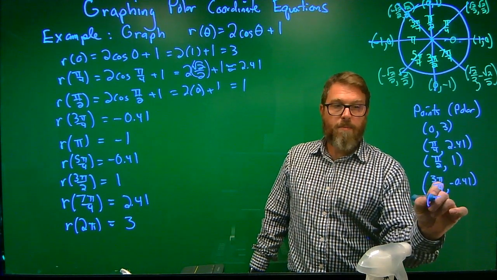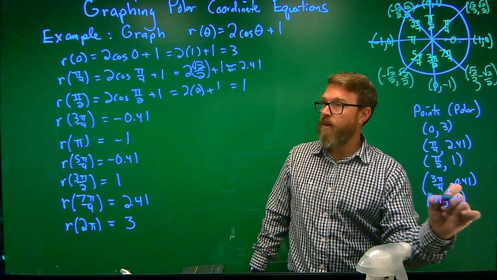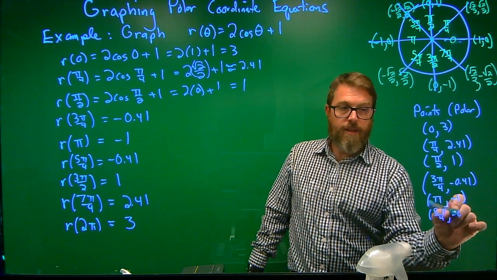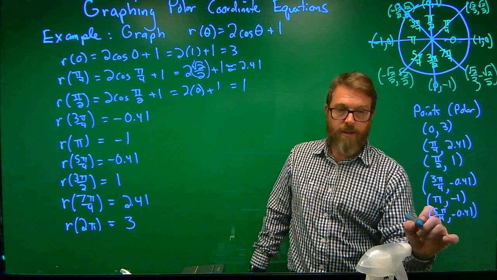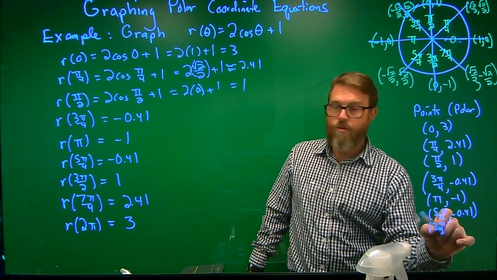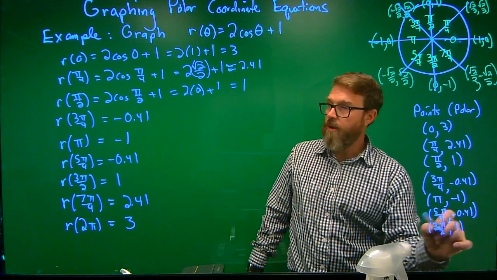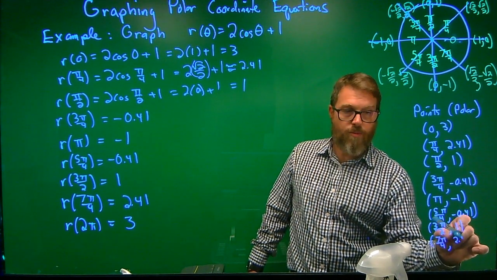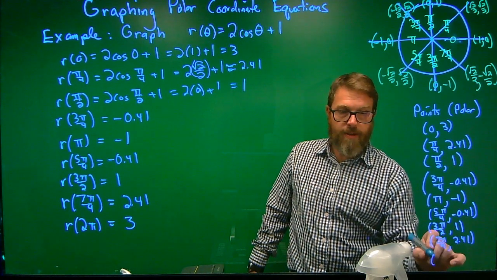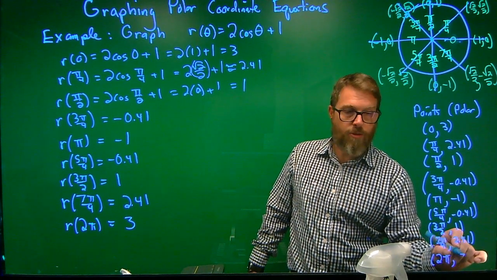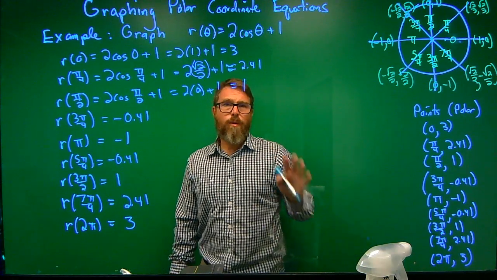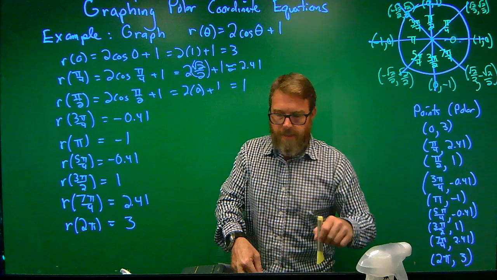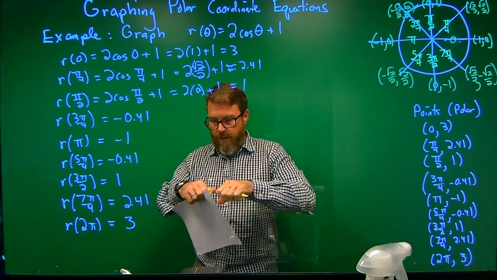We have pi, comma, negative 1. 5 pi over 4, comma, negative 0.41. 3 pi over 2, comma, 1. 7 pi over 4, comma, 2.41, and then finally we have 2 pi, comma, 3. So when we graph this, remember these were able to find the angles for the cosine function, and eventually we'll do one for a sine function.